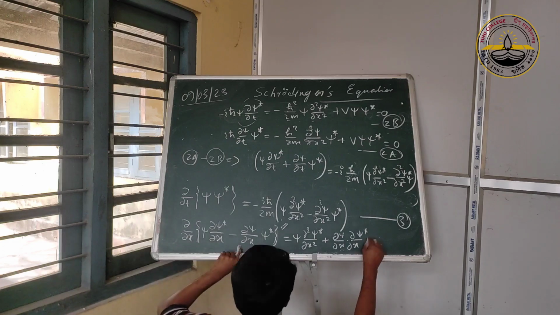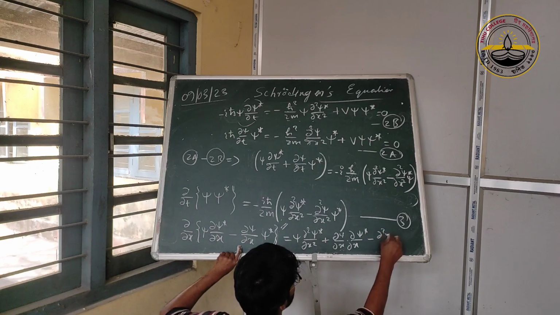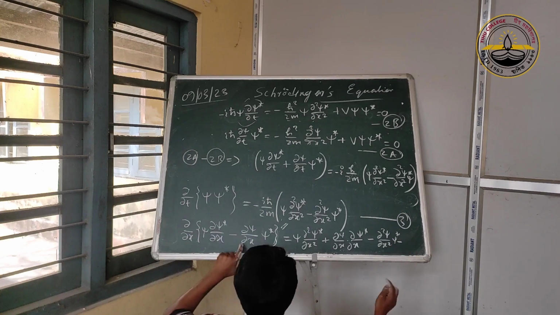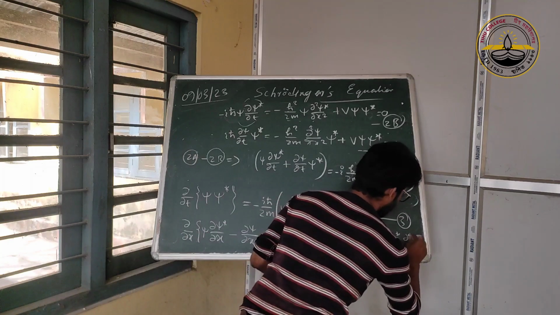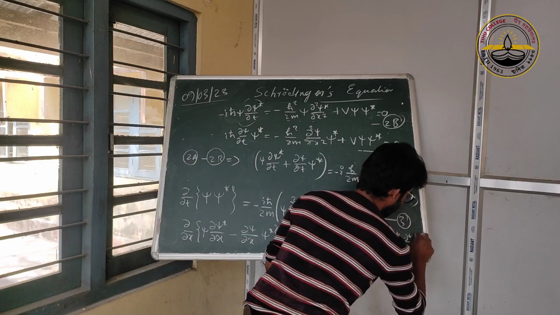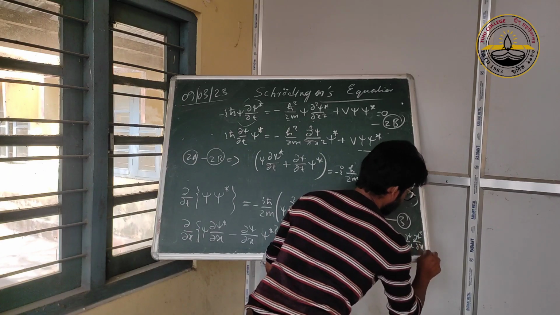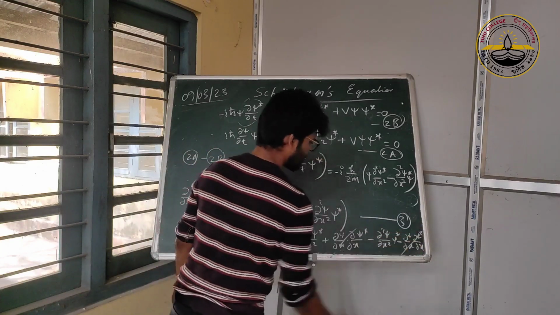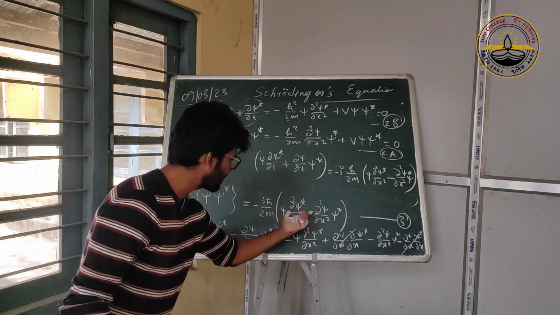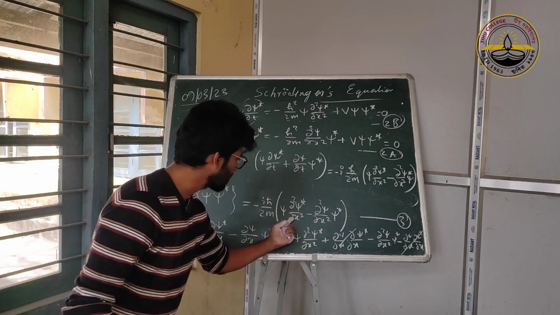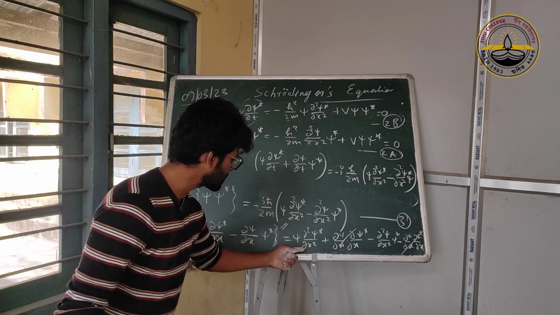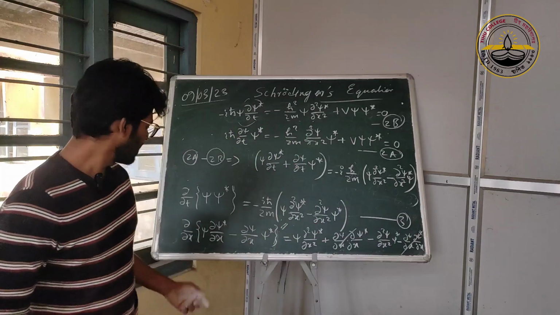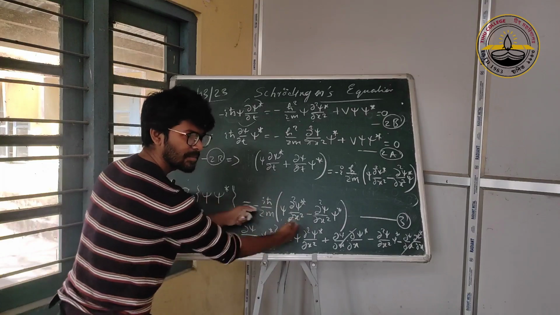Then for this again, we'll have ∂²ψ/∂x² ψ*, and then a similar term, ∂ψ/∂x ∂ψ*/∂x. You'll see that these two get cancelled out, and we get exactly this thing, ψ ∂²ψ*/∂x² minus ∂²ψ/∂x² ψ*. So this is really equal to that.